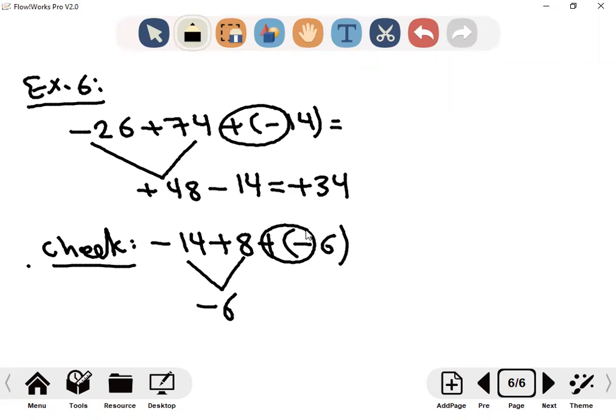Replace them with what? Negative. Negative 6. Now look here. Similar or different? Add or subtract? Add. 6 and 6, and put the same sign. Got it? This is example 6 and the check.